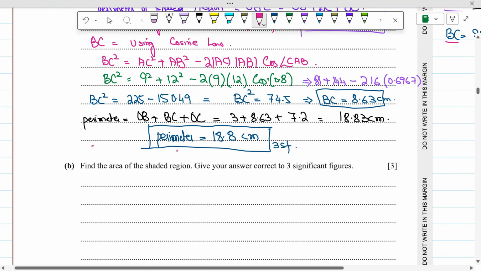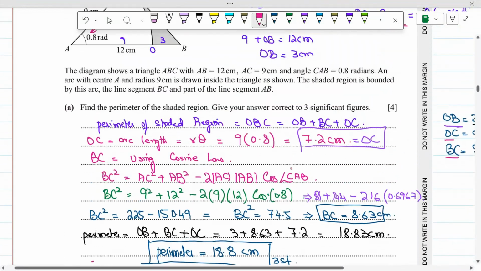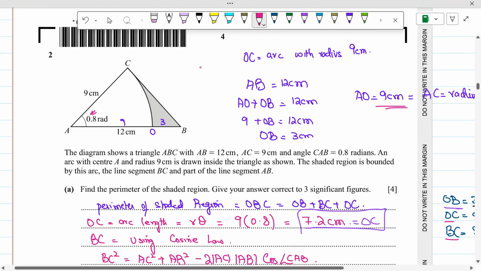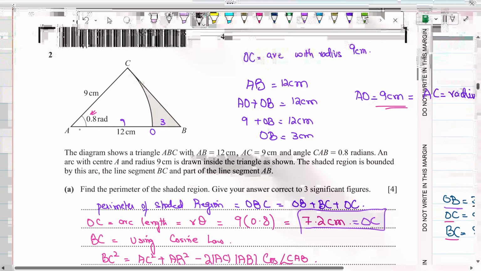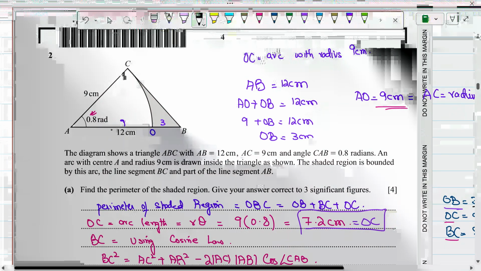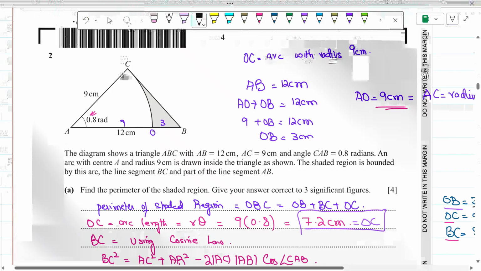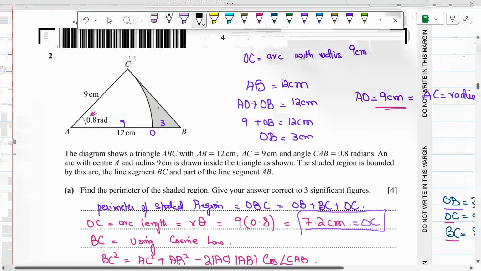Part B, find the area of the shaded region. Give your answer correct to three significant figures. We need to find the area of the shaded region, and we know that we have the triangle which has a sector. The area of the sector is OAC, and the area of the triangle is ABC. So we can find the area of the shaded region, which is OBC, by subtracting the area of the sector from the area of the triangle.